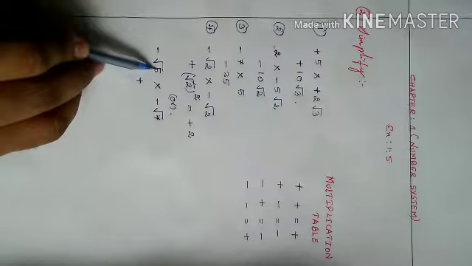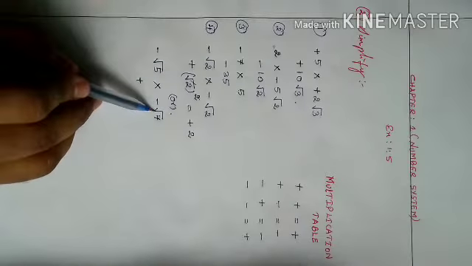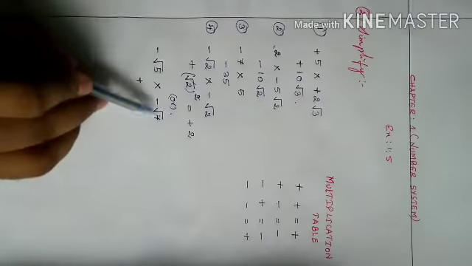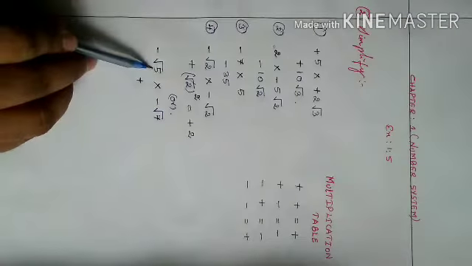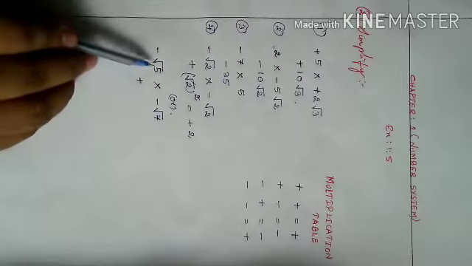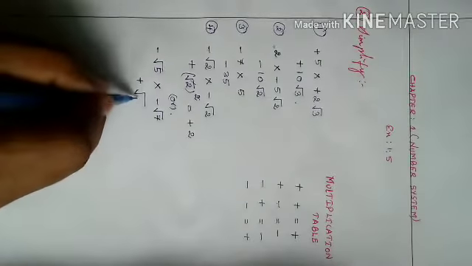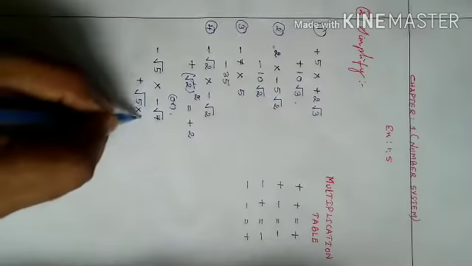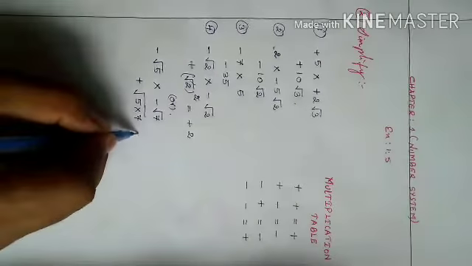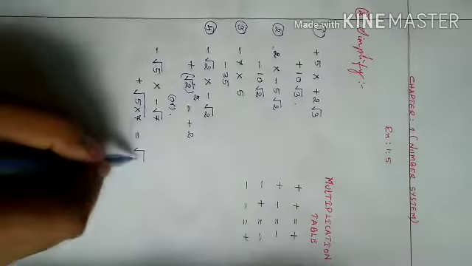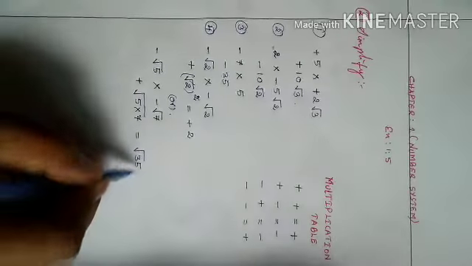Root 5 is an irrational number and root 7 is also an irrational number. Both are different numbers, look, here is 5, here 7. So we have to write root of 5 into 7, which is root 5 times 7, root 35.